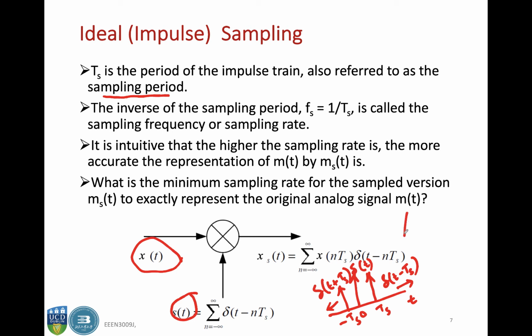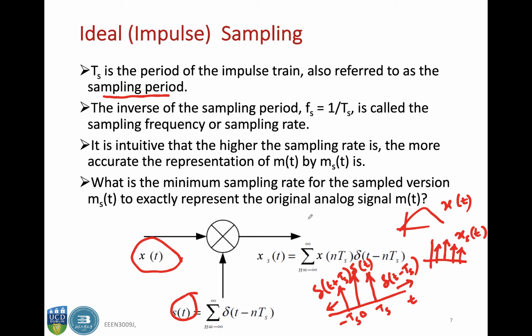So if your x(t) looks like this, then after the convolution with the impulse train, your signal will follow the envelope of x(t), but with regularly spaced impulse functions. So this will be your sampled signal x_s(t), and that is what is happening here at the output of the sampler, or the convolution with the impulse train.